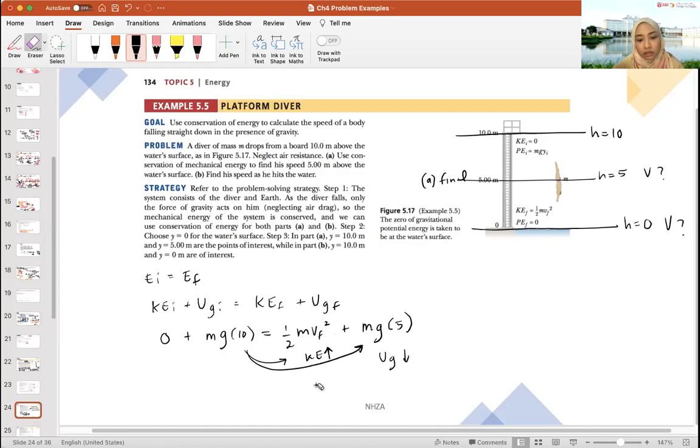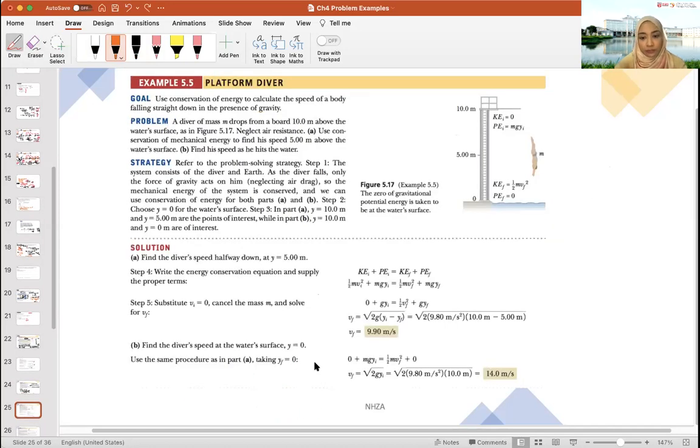This energy is transformed into KE, part of it, and part of it is retained as UG because he is still in the middle of the air, with potential energy. So with that said, we can try to solve this. So mg 10 minus 5, this is 1/2 mv final squared. M cancels out, and then you can solve for v final, which is, if I use my calculator, I will get 9.9.